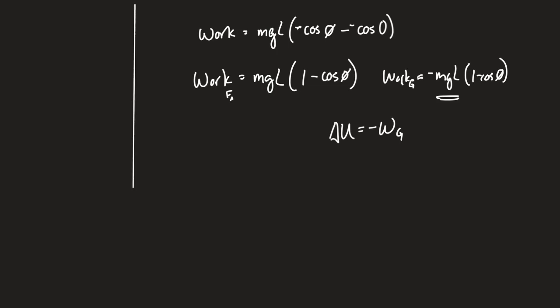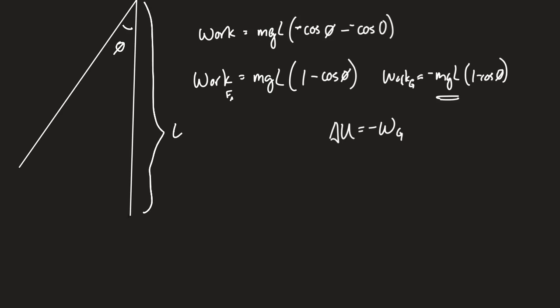Look at the geometry for just a minute. If I take that string and I pull it back a bunch, say we pull it back an amount phi, you know that this whole thing from here to here is L, and this whole thing from here to here is L. But if I were to put a perpendicular line right there, like that, this would actually represent how high the object was lifted.